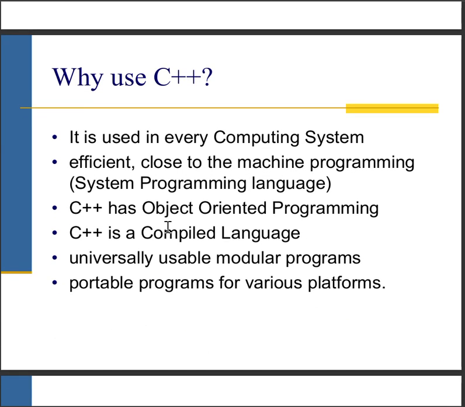So why do we use C++? C++ is powerful and widely used because, I have no doubts that everyone watching this video has heard of C++, even if they don't know what it is, they've heard of the name.